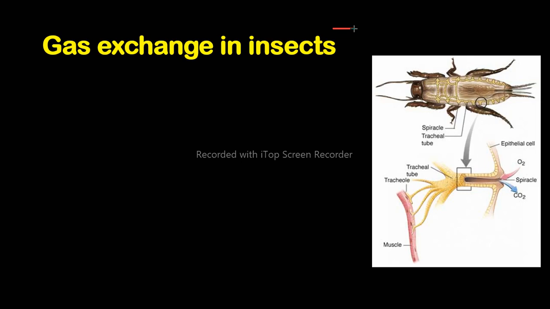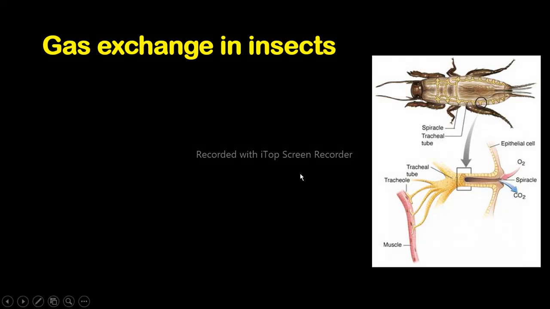Yeah, and we call it a day. Not a day, a topic. But for today, we are going to introduce the tracheal system in insects, and then we call it a day.